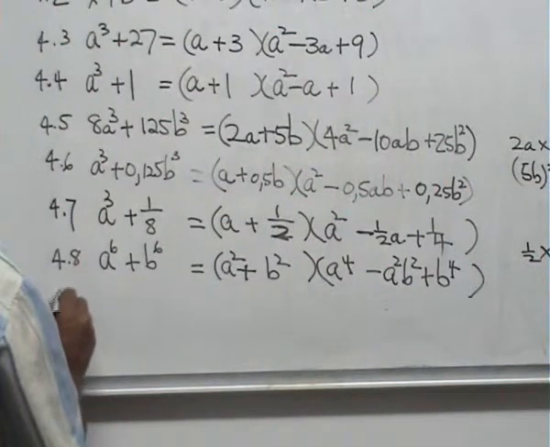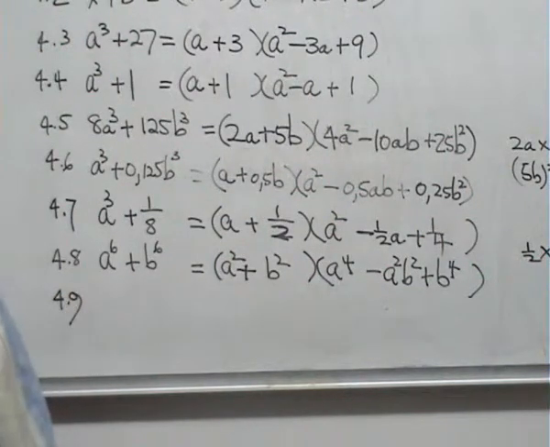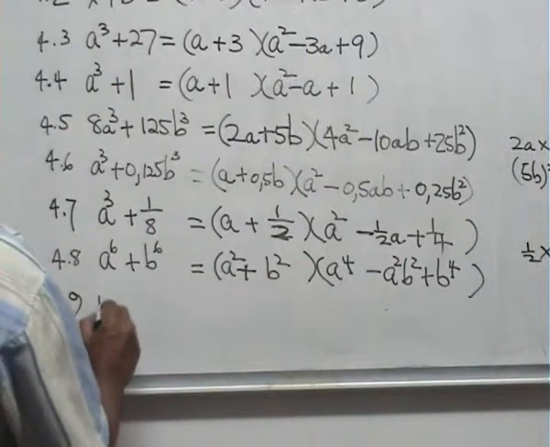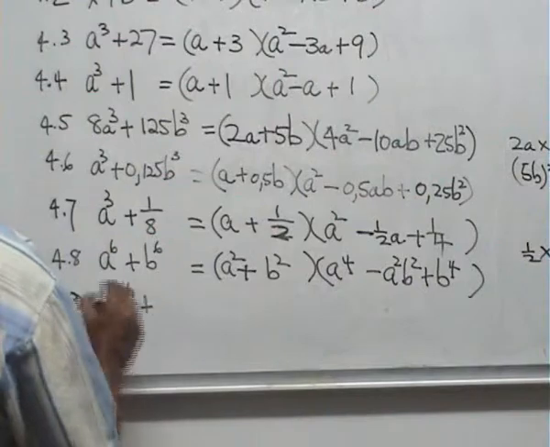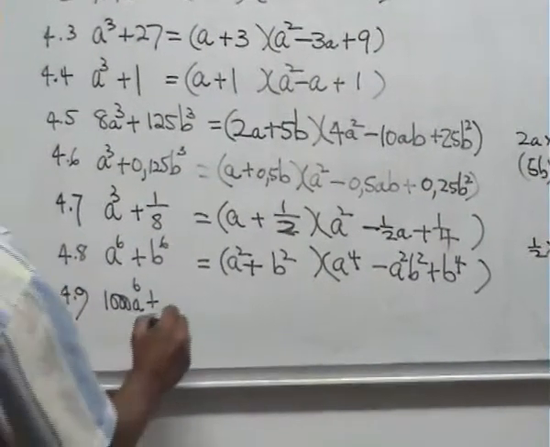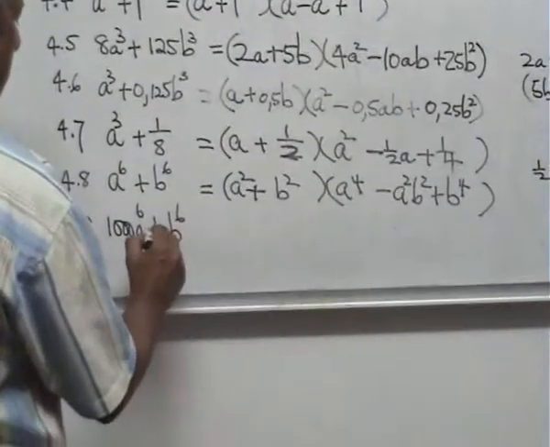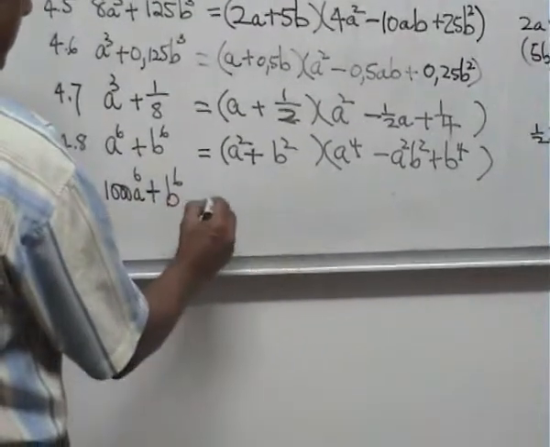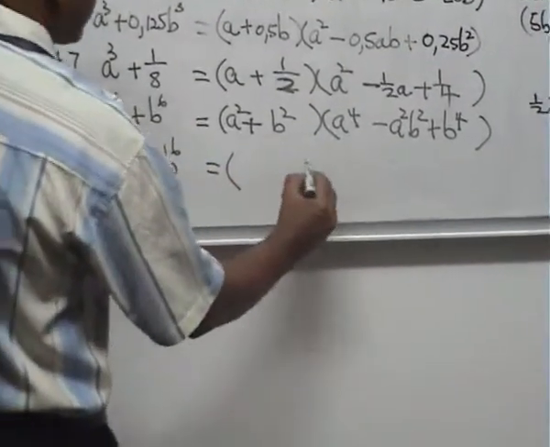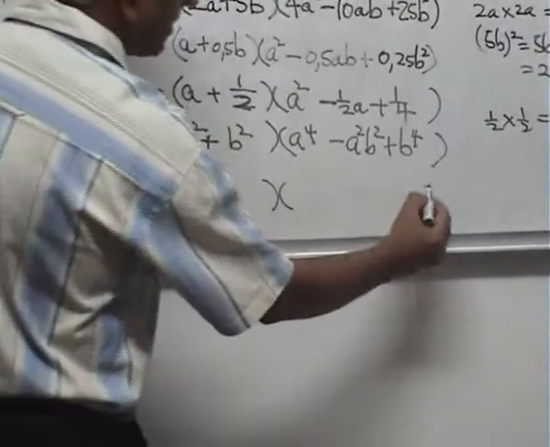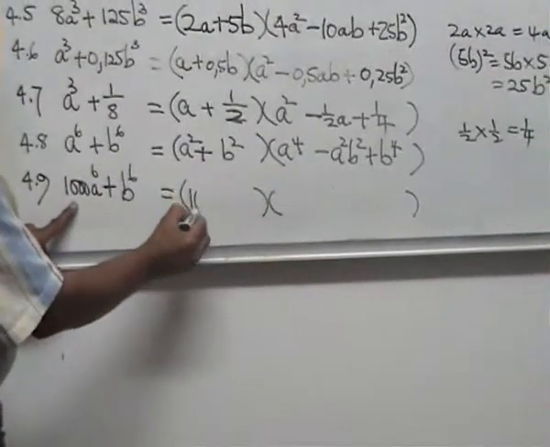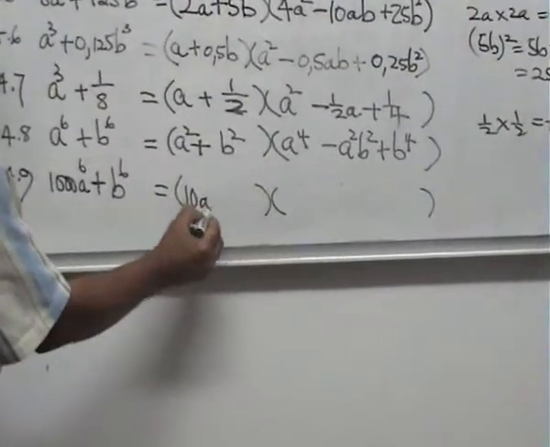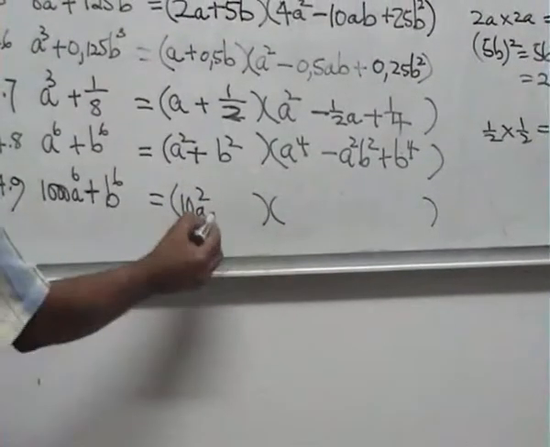And finally, 4.9, 1000 a to the 6 plus b to the 6. Well, there's your first bracket and there's your second bracket. Cube root of 1000, 10. Cube root of a to the 6, a squared.